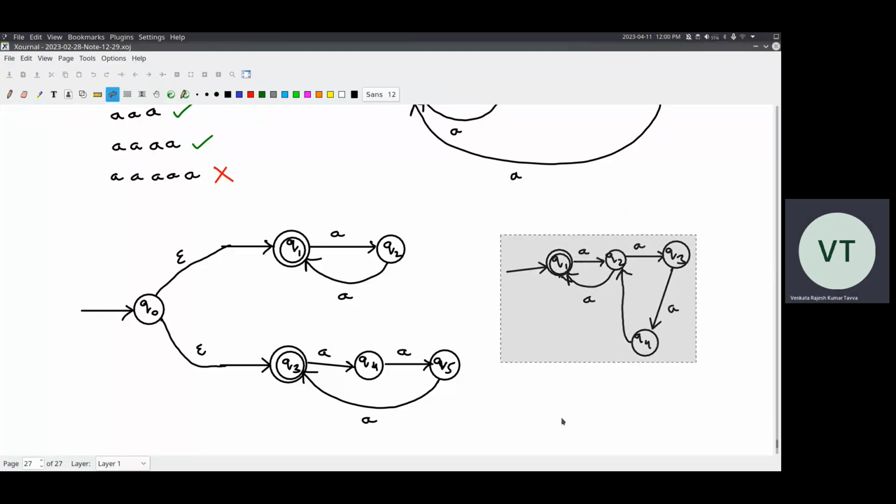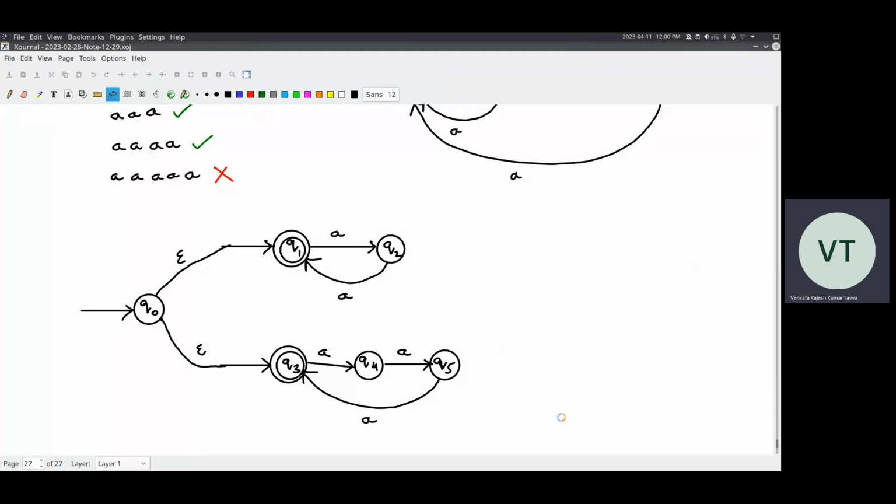Is there a way to check whether we need an epsilon transition to do this? No, there is no automatic mechanical algorithm to check whether we need an epsilon transition or not, or whether a particular machine is the machine or not. There is no automatic way. It's mostly trial and error.